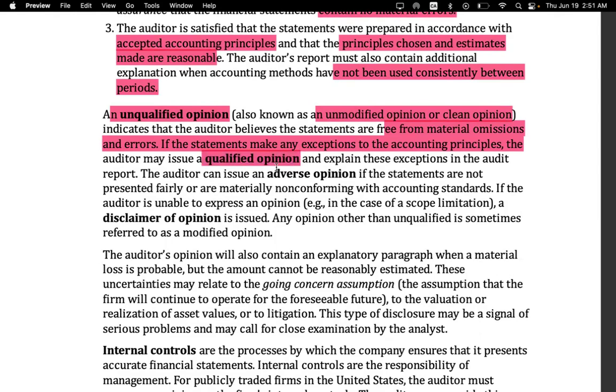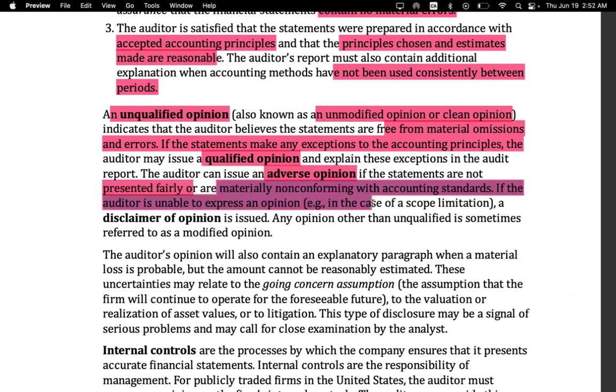Then, third degree is an adverse opinion. The statements are not presented fairly, materially non-conforming with accounting standards. They don't follow accounting standards. They are not presented fairly. Qualified opinion, they do follow accounting standards, but there are some exceptions that they make.